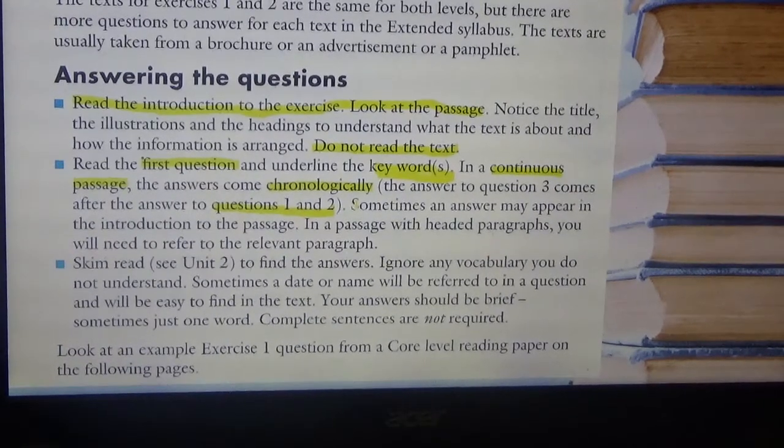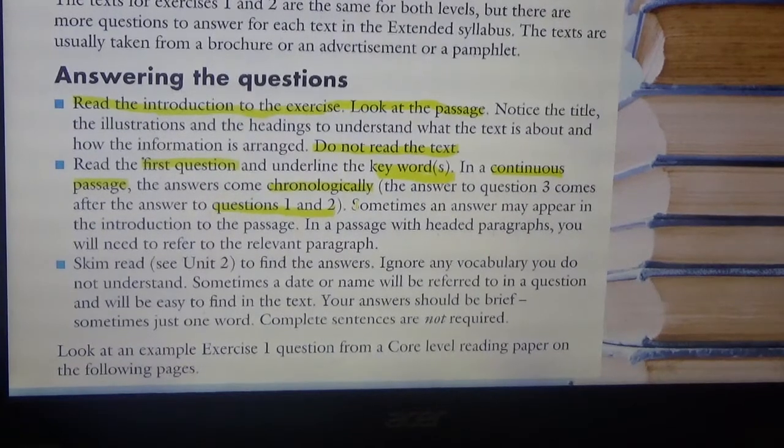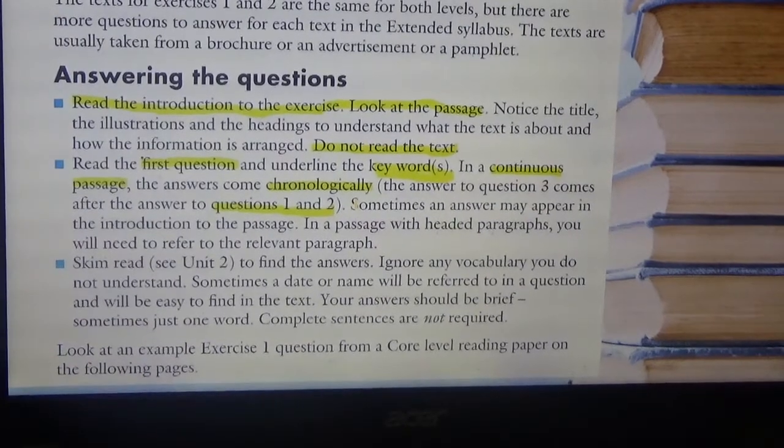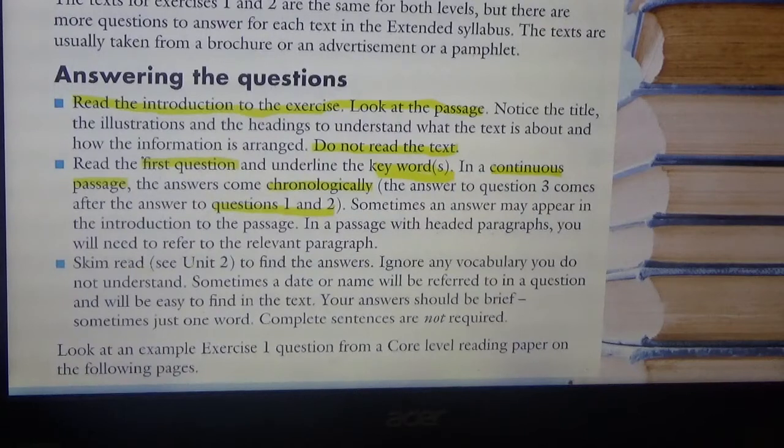Relevant means if the question is asking about windsurfing, you go to the paragraph with the subheading about windsurfing.